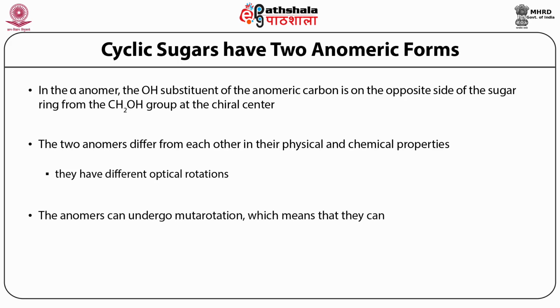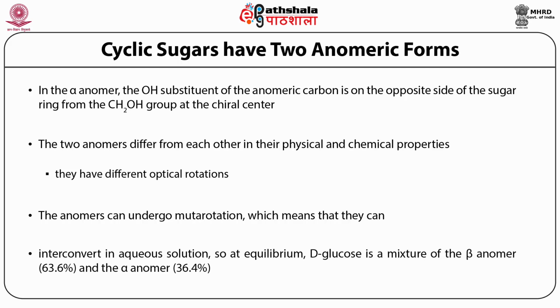If these anomers are placed in an aqueous solution, they can be interconverted from one form to the other, in such a way that at equilibrium, D-glucose is a mixture of the beta anomer and the alpha anomer.